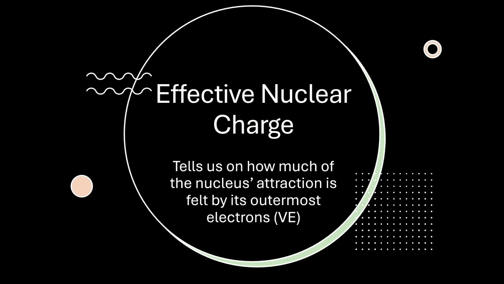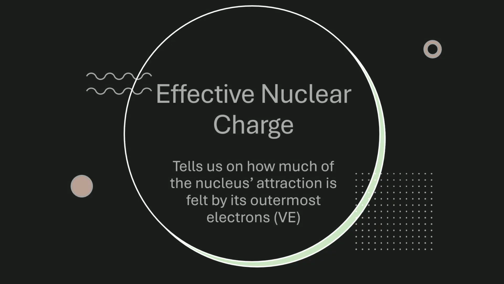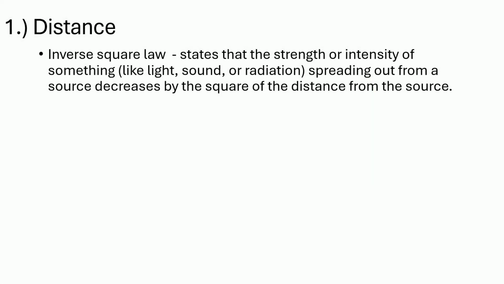The protons, being positively charged, have a certain influence of attraction towards these valence electrons, which are negatively charged. This effective nuclear charge is affected by a couple of factors.